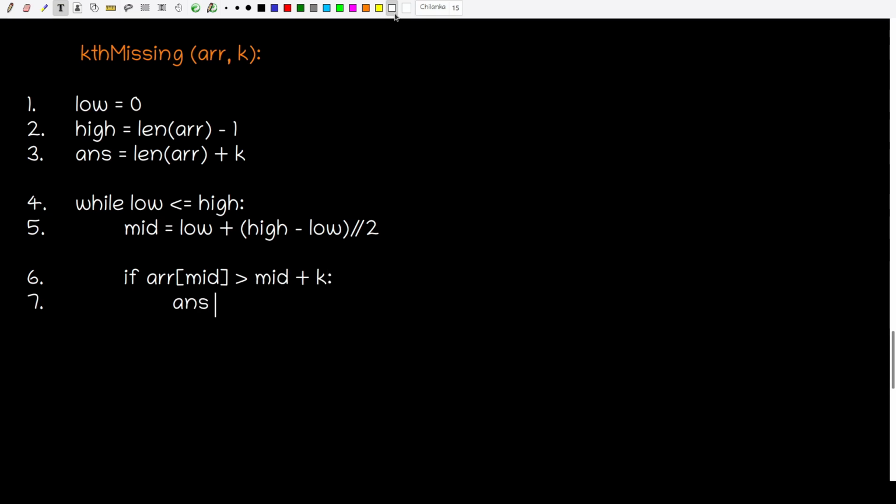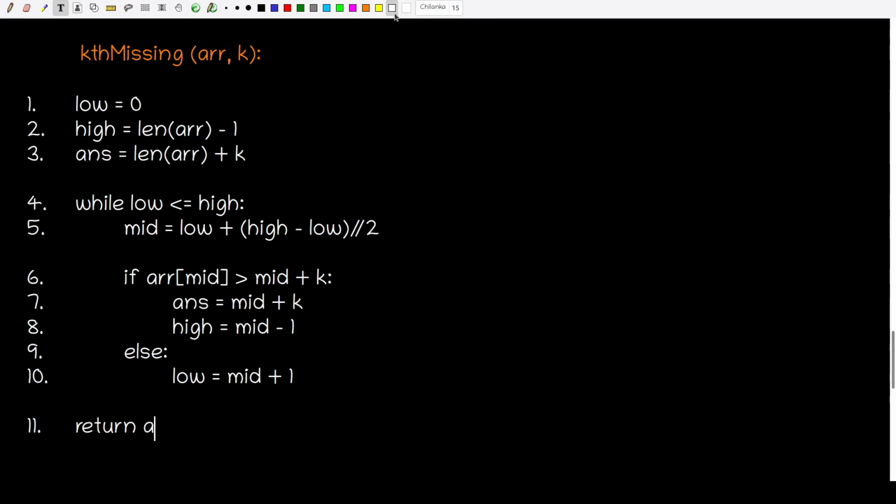If this is the case, then answer is equal to mid plus k. And since we have to search the first element such that arr[mid] is greater than mid plus k, we are going to set our high equal to mid minus 1. Otherwise, we are going to set low equal to mid plus 1. And towards the end, we just have to return our answer. So that's the pseudocode, folks.